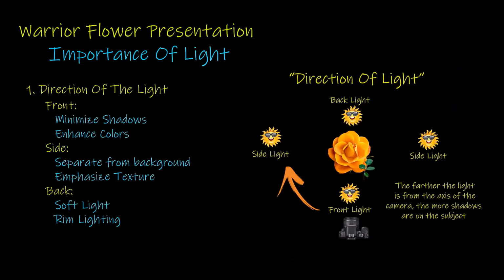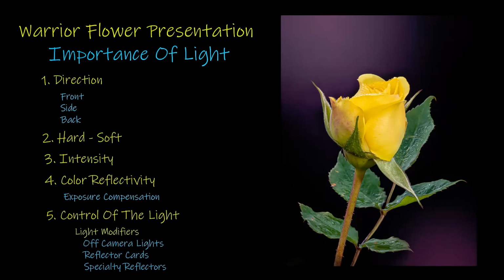I found the importance of light: you could actually change the color of a flower by using what we went over about the cards. You can use a different color card and change the reflection of the flower. You can change the color of the flower in your image.